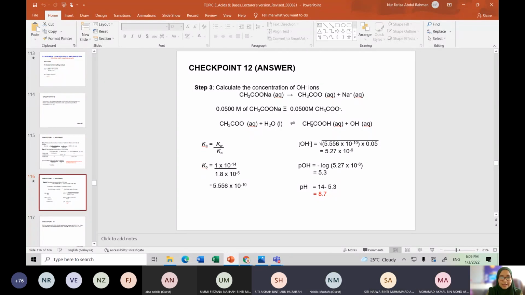Betul tak? Kalau salt, dia mesti ada salt dissociation and salt hydrolysis. Cuma since the salt tu initially comes from the neutralization process. So far yang kita buat sebelum titration, kita assume that, bukan assume, the salt is already given to us. Dia tak mention from this acid base titration. Apa yang kita ada adalah salt.